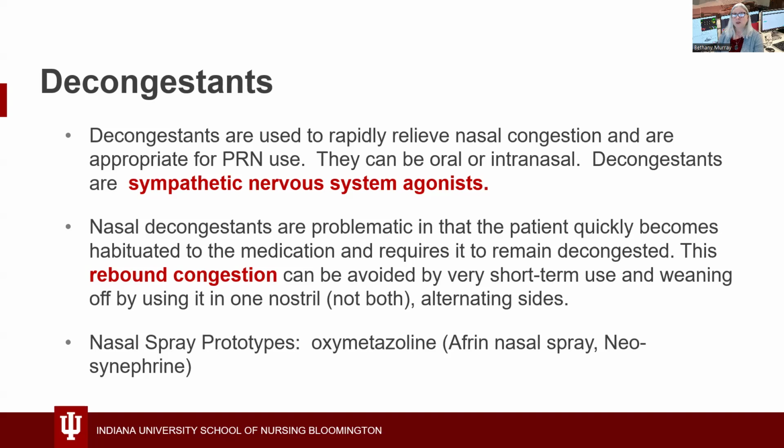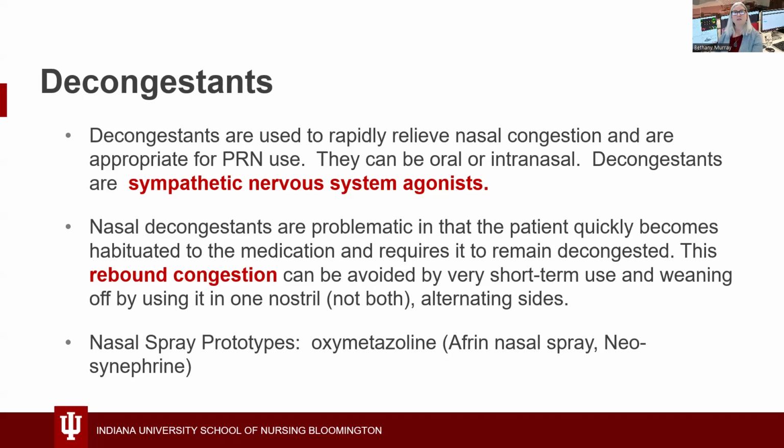And then when the medication wears off, they will have rebound congestion. So you can avoid this rebound congestion if you advise somebody to only use the nasal decongestant for a very short term when they're acutely ill, and then after 2 or 3 days to use it in alternating nostrils, 1 nostril each day, alternating sides, and then to stop using it as quickly as possible.